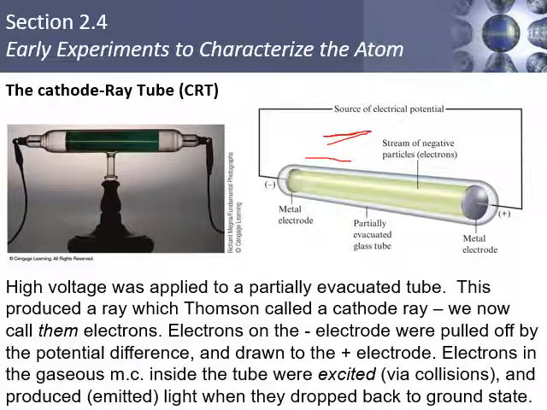So when those electrons impact those argons or neons, they cause the electrons in those atoms to become excited. And then when the electrons drop back down to their ground state, they emit light in the visible range. We'll talk much more about that, especially in 1412 towards the end of the course, but also in this class. So that's how a fluorescent light works.